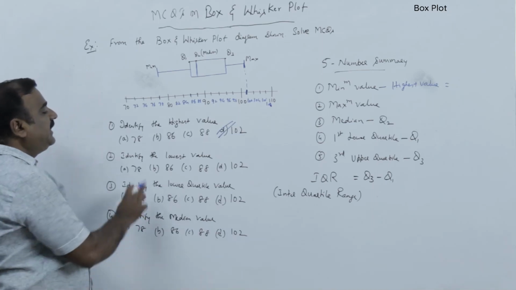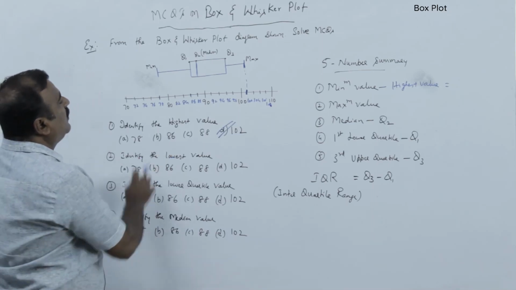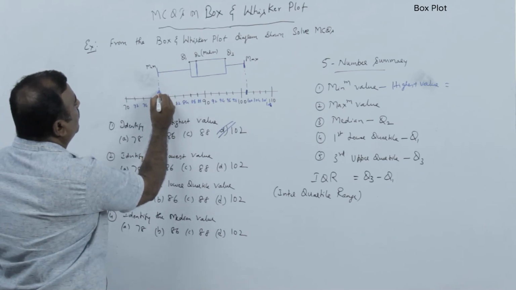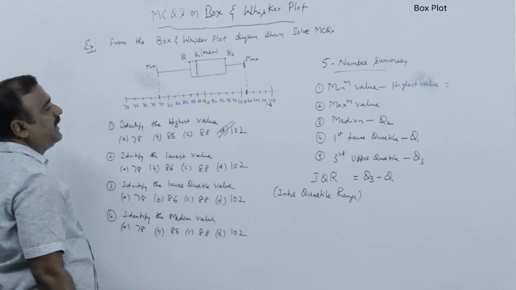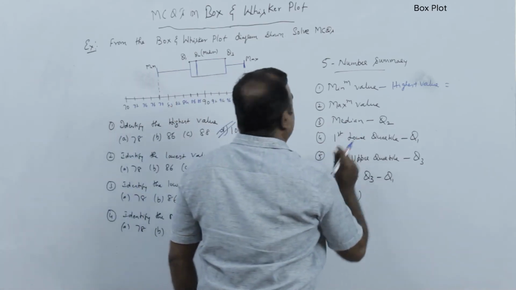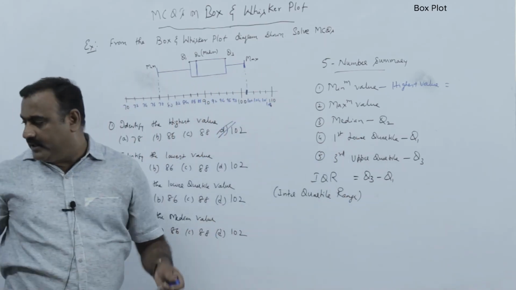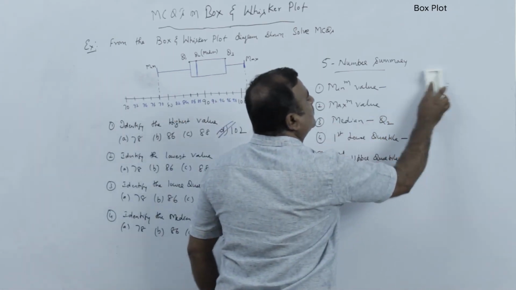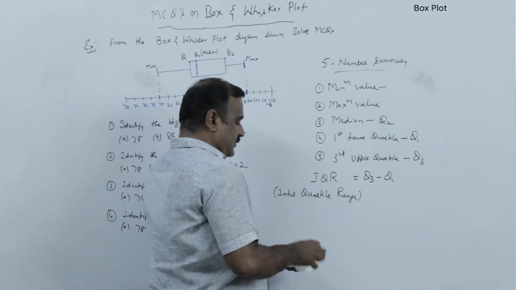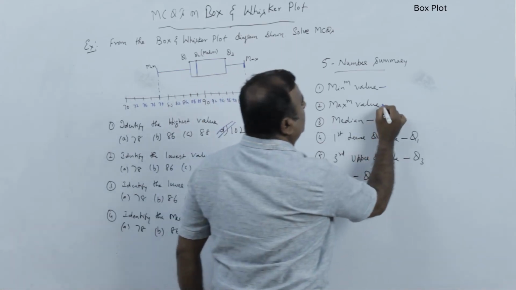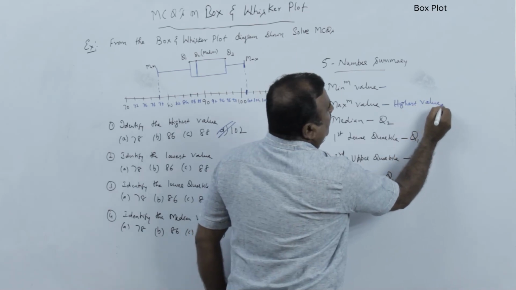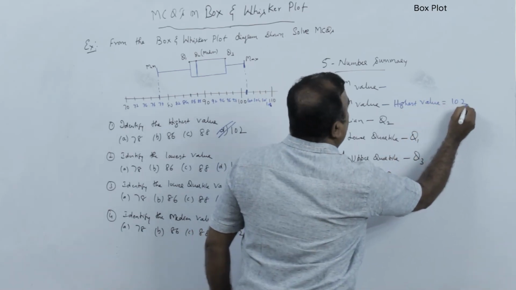Next question, identify the lowest value. This is the lowest value and it corresponds to this value. Sorry, I made a mistake here. In the minimum value I had written down this one, not a big mistake. So the maximum value is nothing but the highest value, and here the highest value was 102.